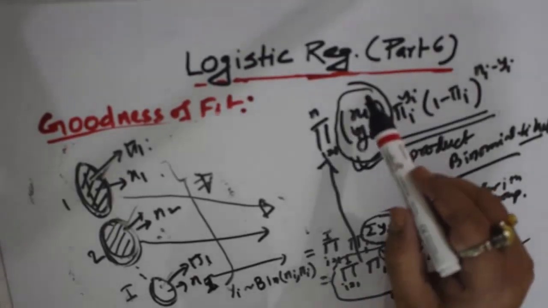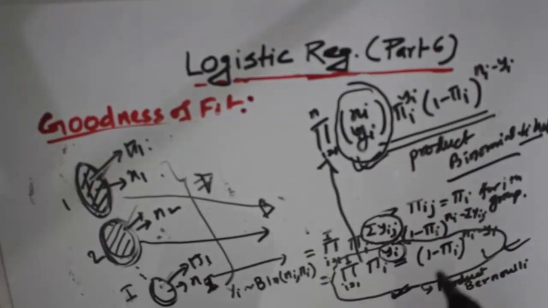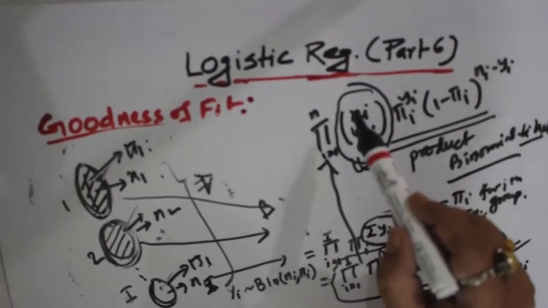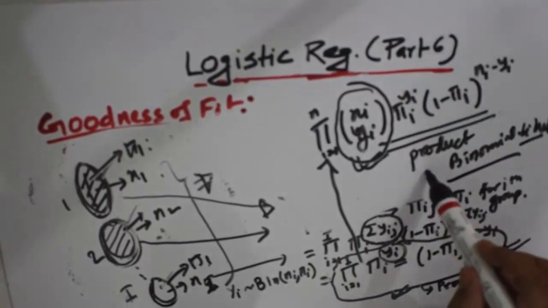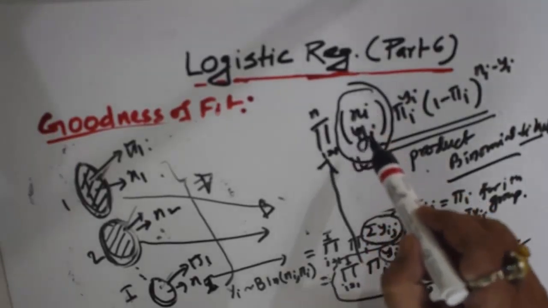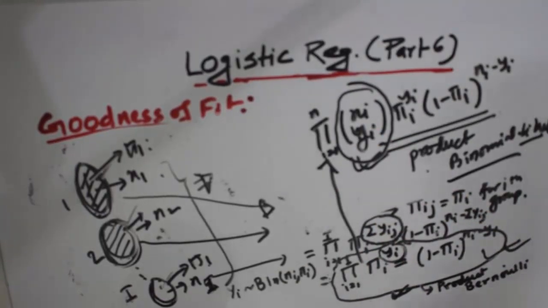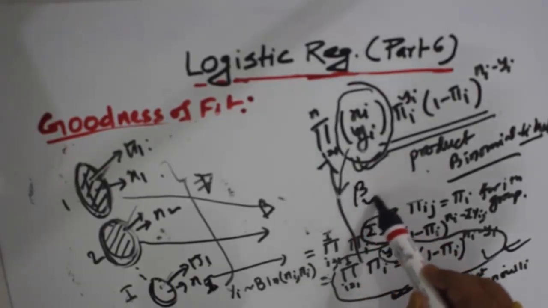So instead of this, it should be yi. The product Bernoulli likelihood and product binomial likelihood are proportional except for the combinatorial term, that is n choose yi, not depending on beta curl.